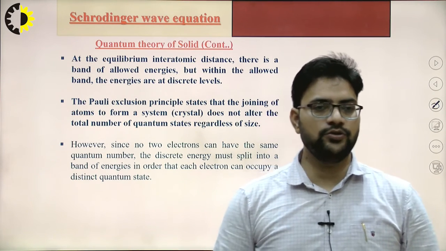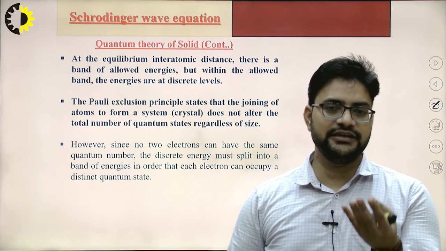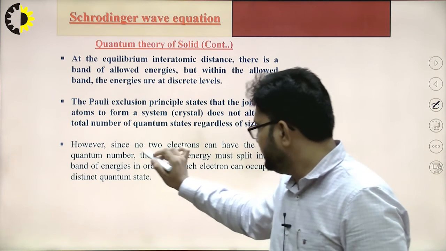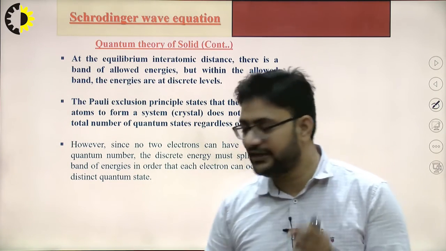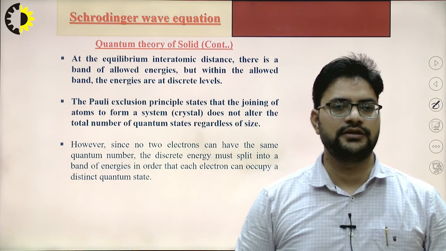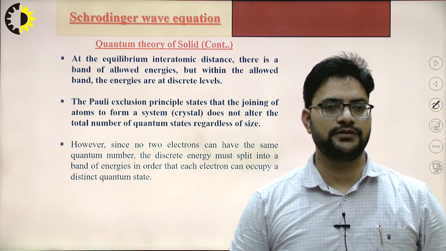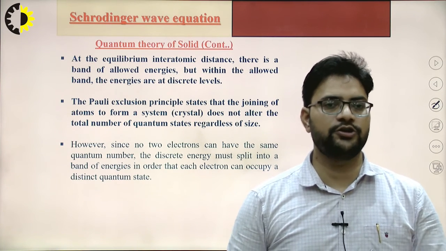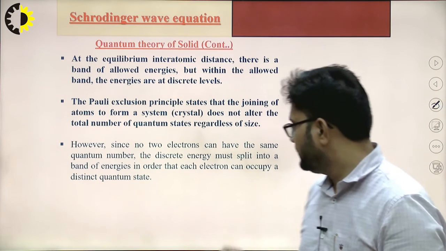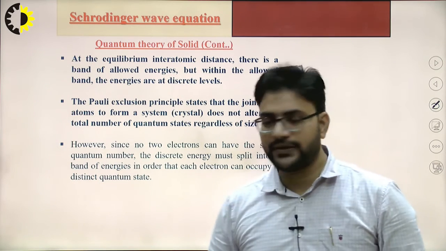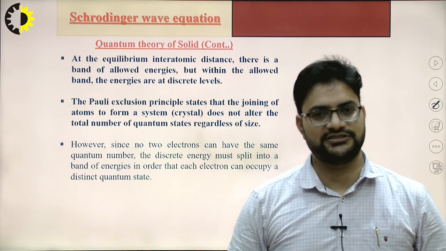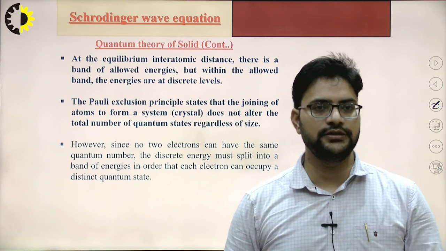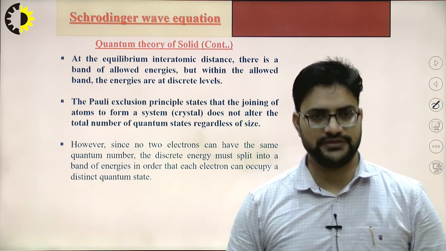Now we can draw another postulate from this: no two electrons can have the same quantum number. The discrete energy level must split into a band of energies in order that each electron can occupy a distinct quantum state. These are some postulates drawn from Pauli's exclusion principle.